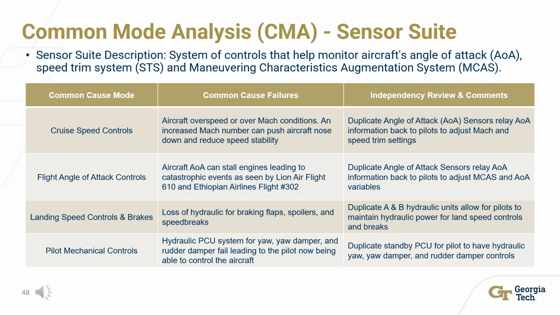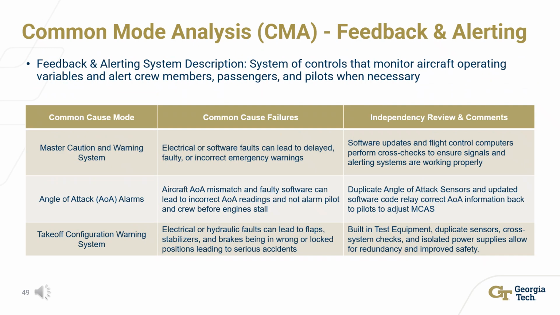Since the focus of this analysis is the MCAS system after the Lion Air and Ethiopian Airlines accidents, as you can see on the flight angle of attack controls line, the AOA sensors have been duplicated, and the information being relayed back to the pilots helps adjust the MCAS system, which improves safety post-accidents.